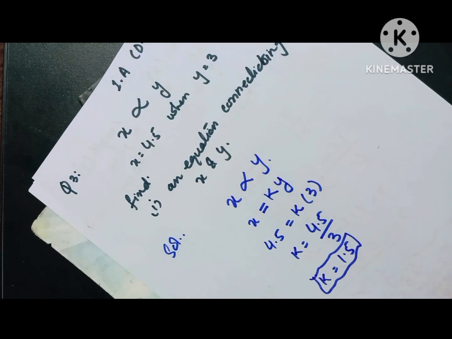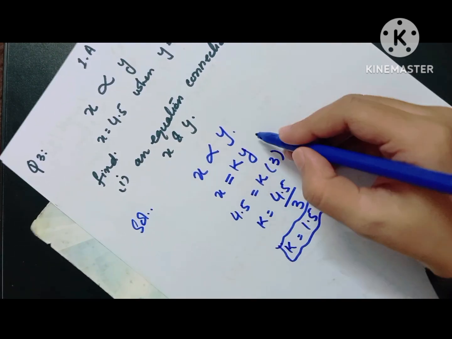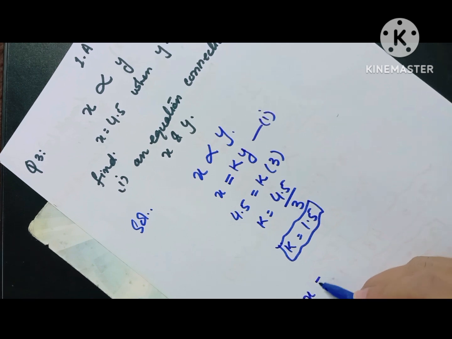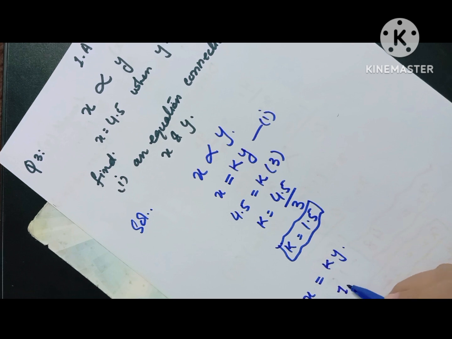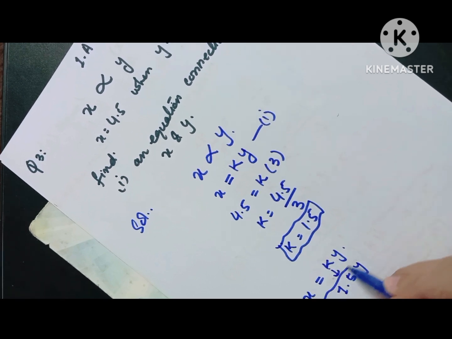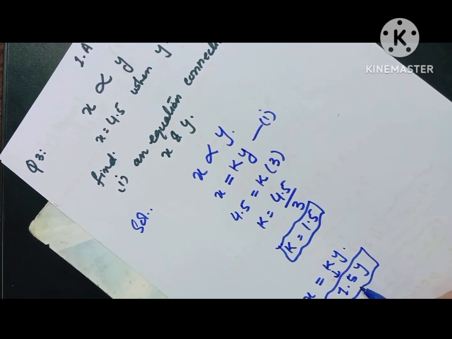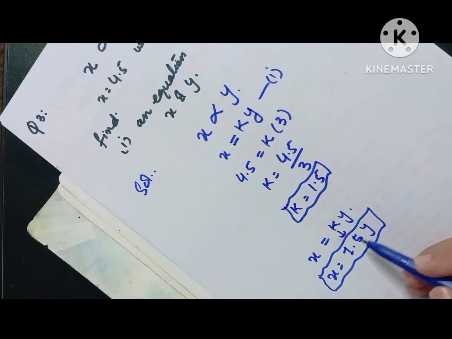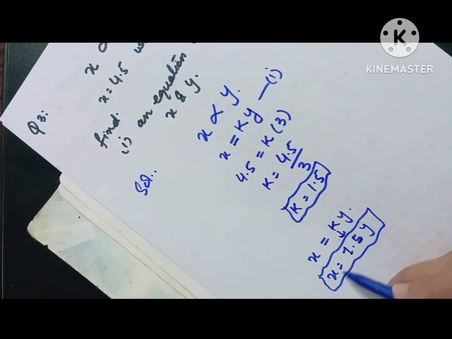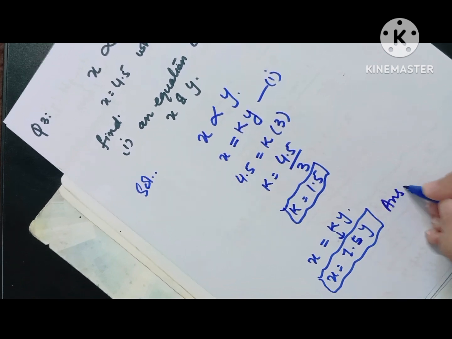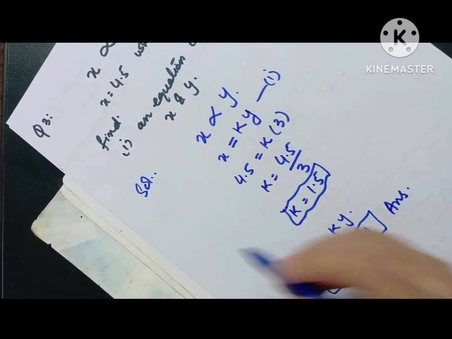That is the value of k, and the basic equation is equation number 1. The basic equation was x is equal to ky and x is equal to 1.5 y because k has value 1.5 here, and we are having an equation right now that is connecting only x and y, and we are not having any constant value here. x is equal to 1.5 y is the equation connecting x and y. That is the first part.